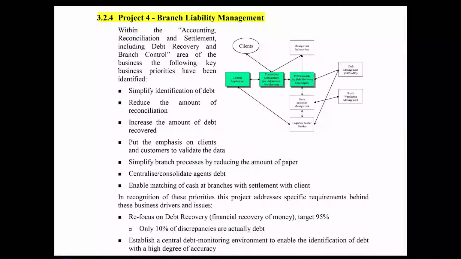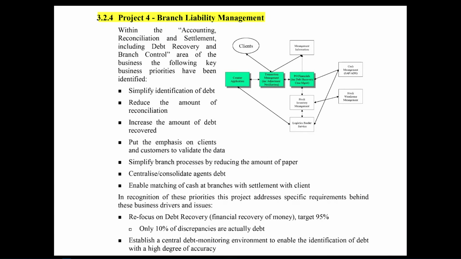And where this is enabling matching of cash at branches with settlement with client, what does that refer to then? What are the branches referred to? Can you just point out which bullet point you're referring to? That's, I think, 1, 2, 3, 4, 7th bullet point down. I'm not sure how that links a matching cash with settlement with client.